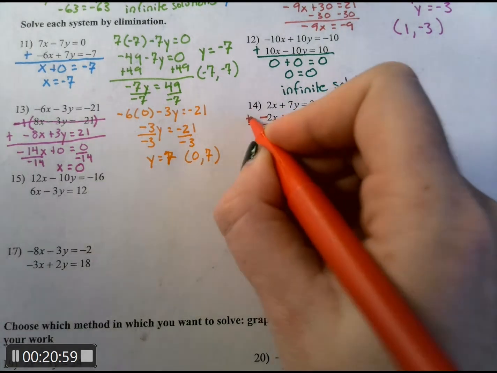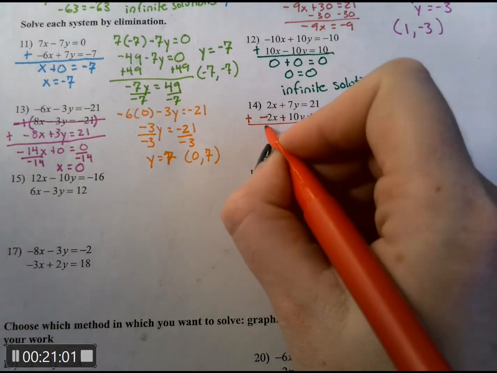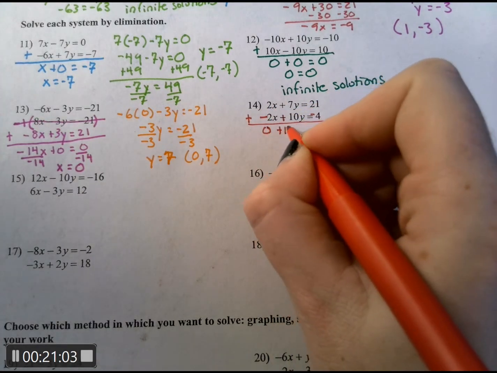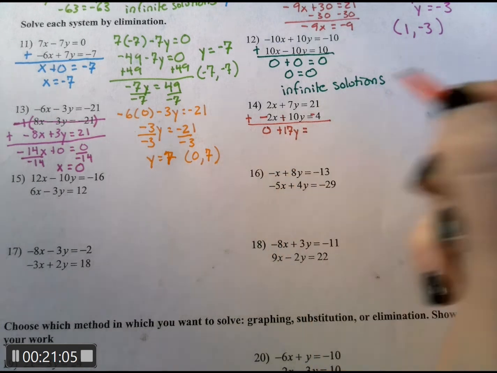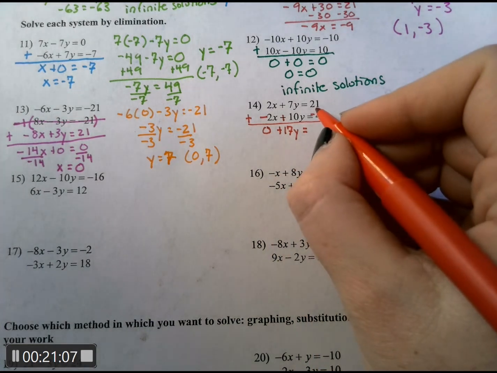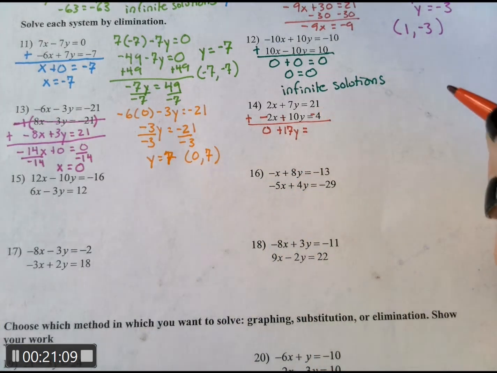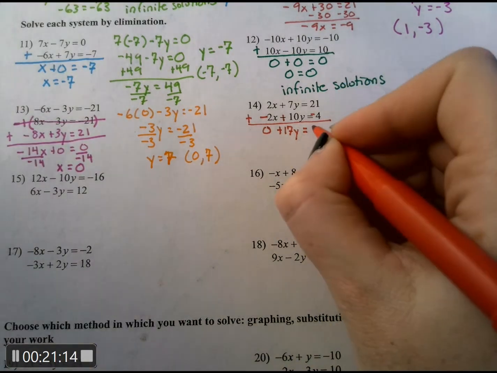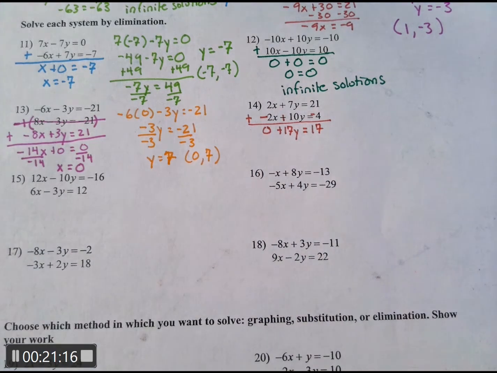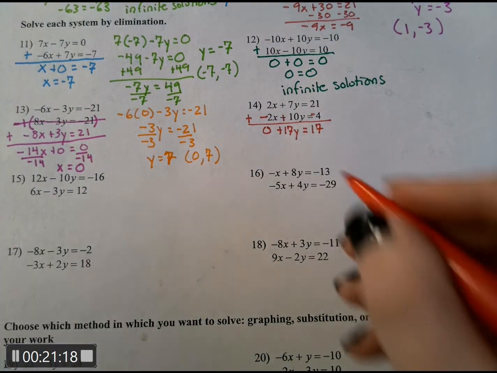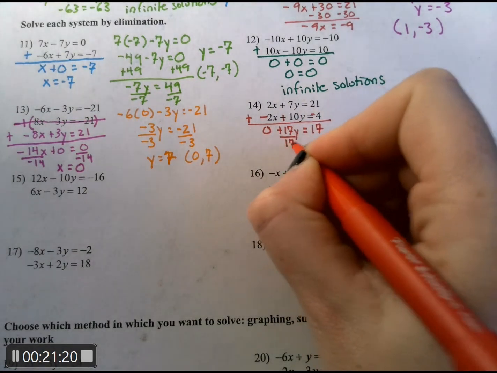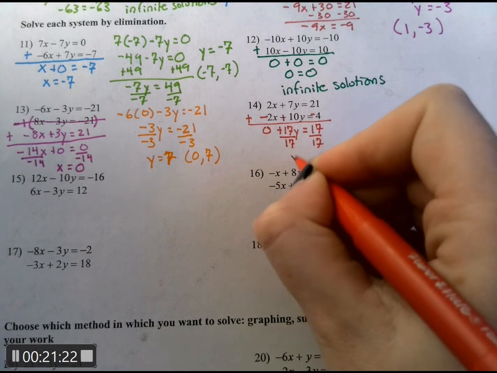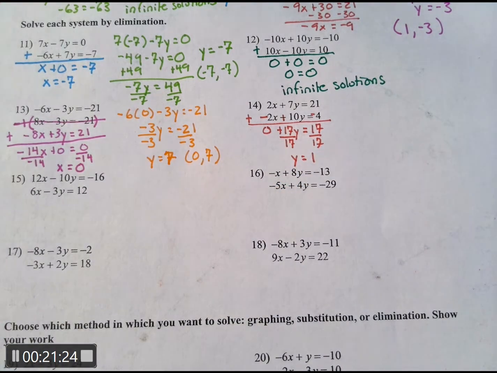So now we can go ahead and add, which will give us 0 plus 17y equals 17. So we are going to divide both sides by 17 to get y equals 1.